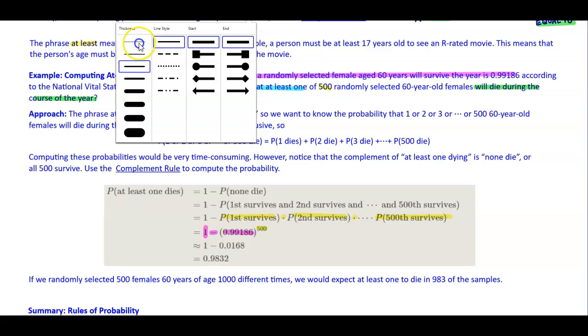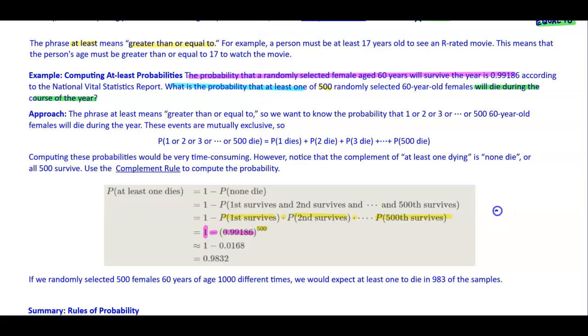If we round that to 3 decimal places, this would give us 0.983, and writing that as a fraction would be 983 over 1,000. So we would say that if we randomly selected 500 females, 60 years of age, 1,000 different times, we would expect at least one to die in 983 of the samples.